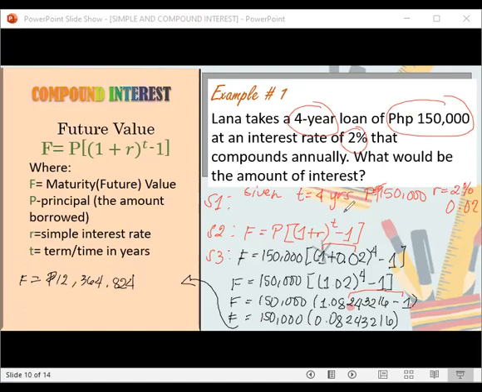So, yung interest ay 12,364.824. So that would be the final answer for example number 1.